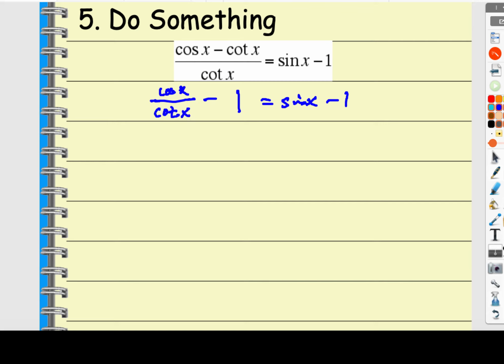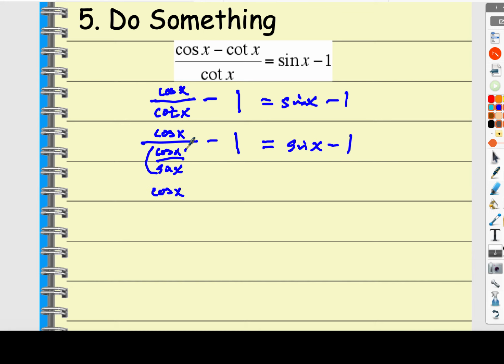Well, cotangent doesn't really relate to sines and cosines too well, so why don't we do a little fancy work? Cotangent is really the cosine over the sine. In that case, let's multiply by the reciprocal. We've got cosine of x on the top.